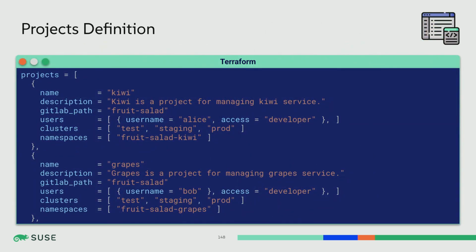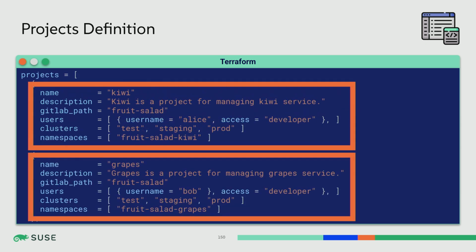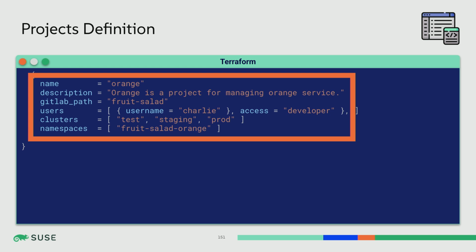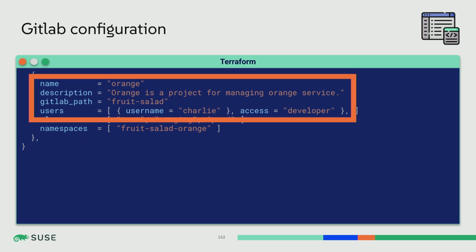To do so, as we did for user, we create a project definition file that lists all the projects, so Kiwi, Grapes, and Orange. For each of them, there is a part for the GitLab configuration that sets the name of the project, where the project is set into the GitLab project hierarchy, and what is the access level for this developer. So here, Charlie for Orange service.